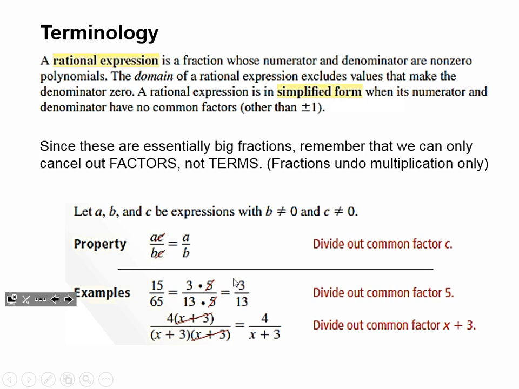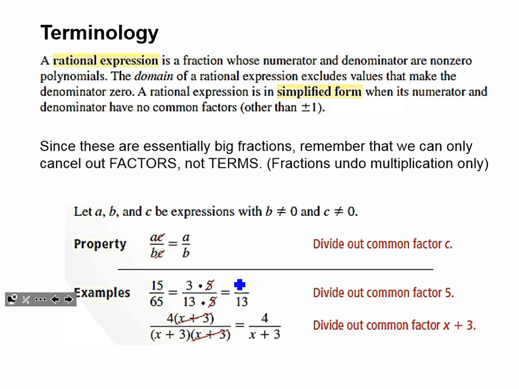In my own words here, I said since these are essentially big fractions with x terms in them, remember that we can only cancel out factors, not terms. Factors are multiplied, terms are added. Since a fraction means division, we can only cancel out factors that are multiplied together, not terms that are added up. Division only undoes the multiplication.